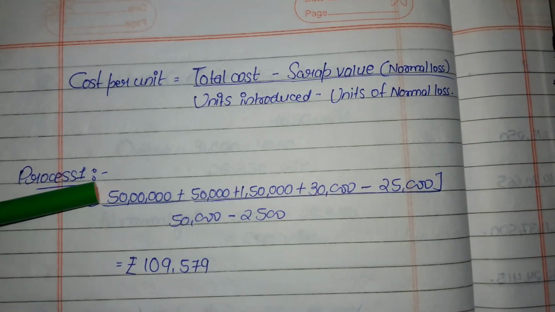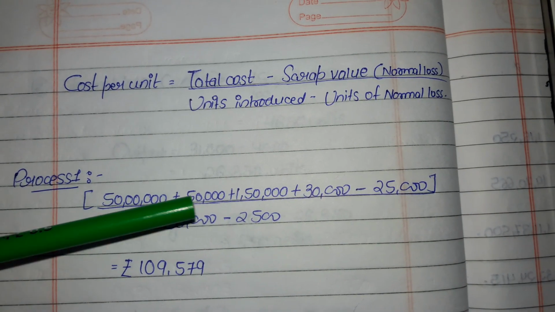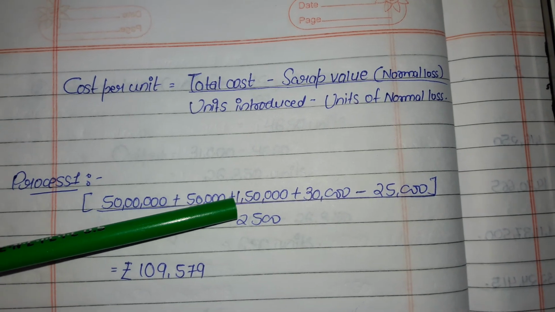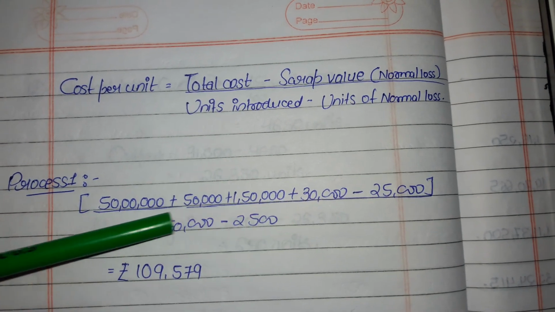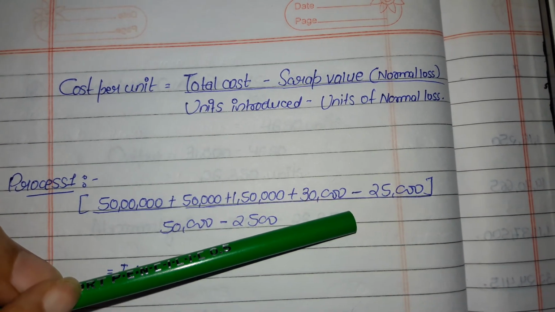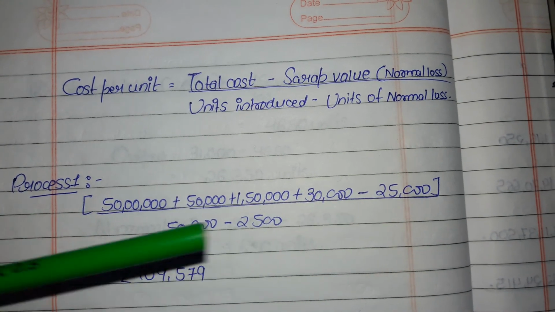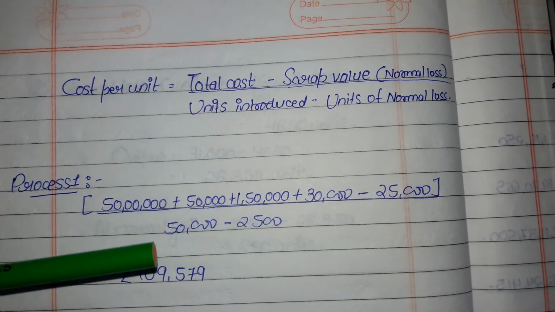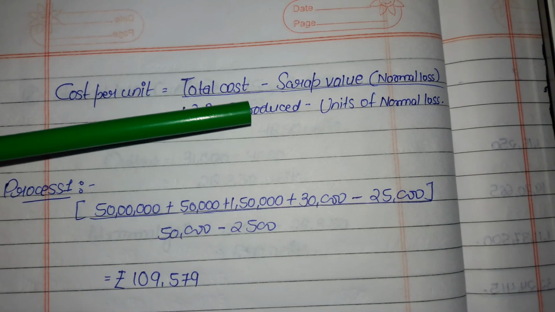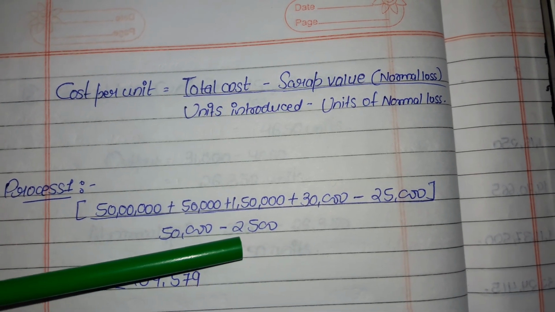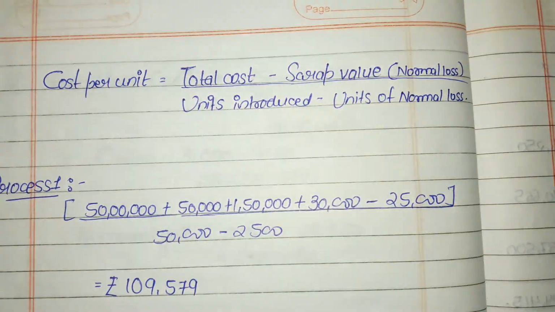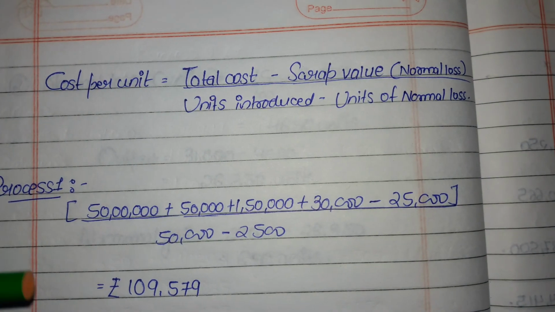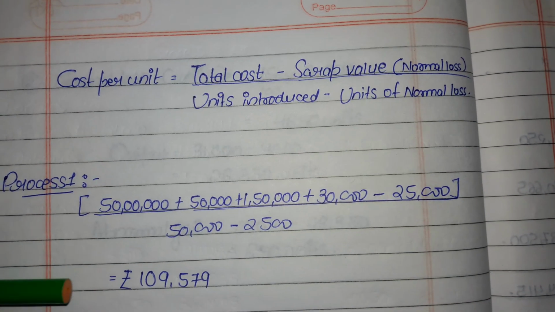See here, 50 lakh plus 50,000, 1,50,000, 30,000. You need to add this, minus scrap value of the normal loss, that is 25,000, divided by units introduced, that is 50,000, minus units of normal loss, that is 2,500. You will get the cost per unit.